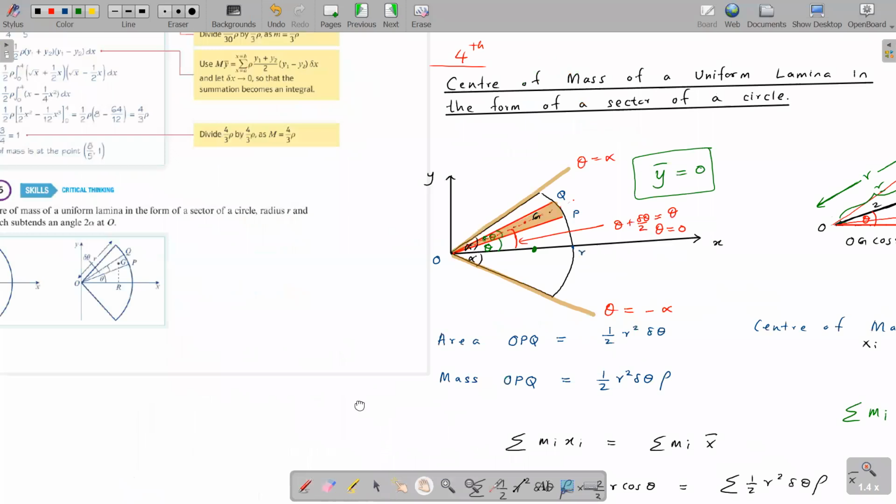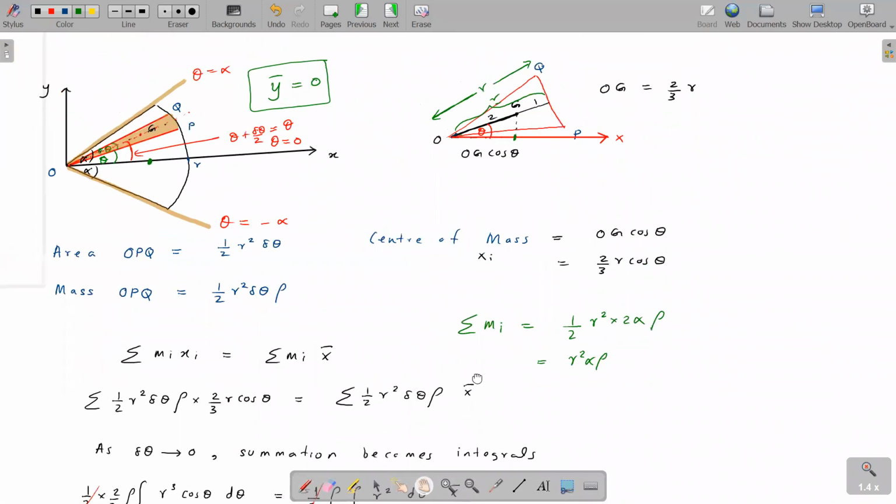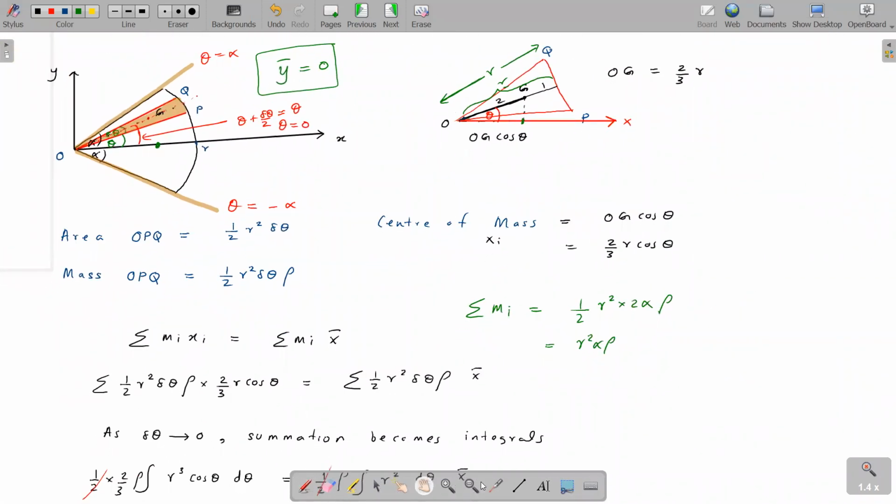All right, guys, what's the next thing we do? We use delta theta, and in order to make this accurate, because we have already taken this to be a straight line, we need to make sure we don't make any assumptions. So in order to make this as accurate as possible, delta theta needs to be as small as possible.